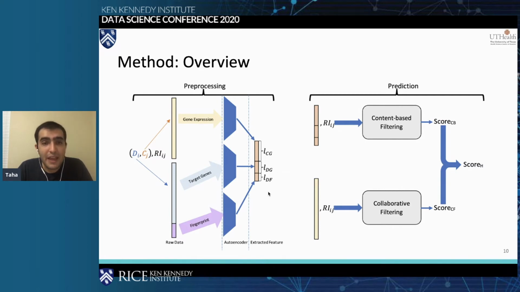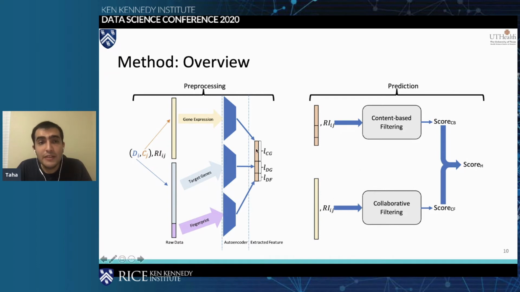We treat this obtained information as the content of the pair, and we use this content for pairs with known RI value to train a model. That would be our content-based filtering, and it gives us a score based on the content and RI values of known pairs.